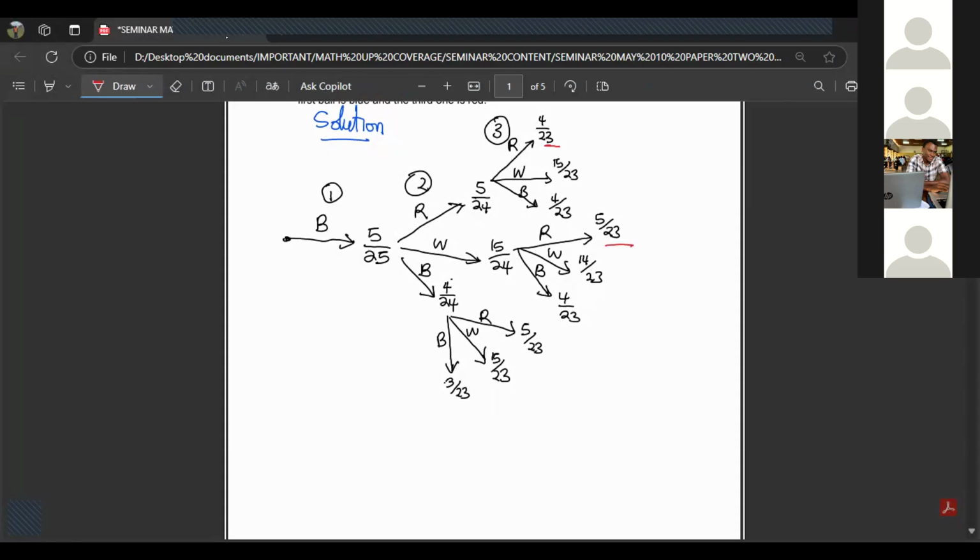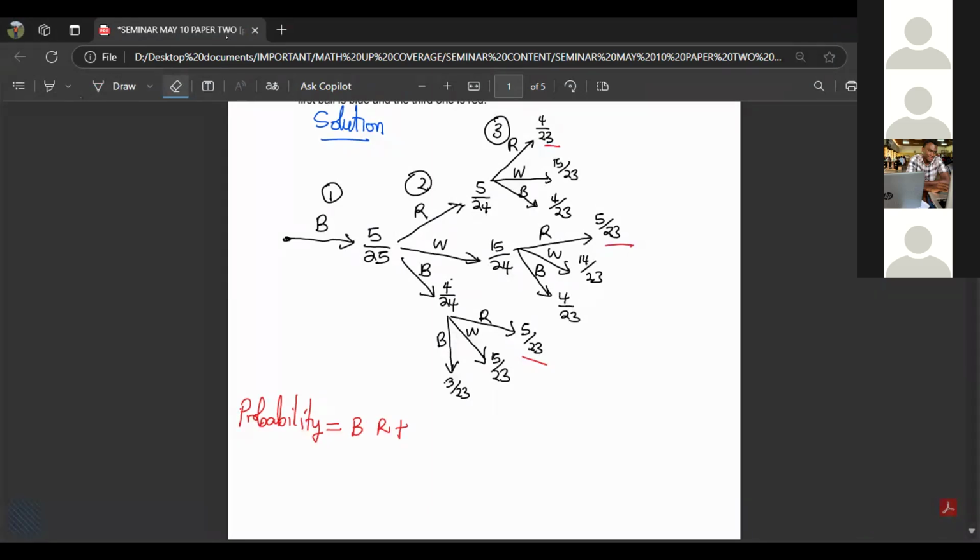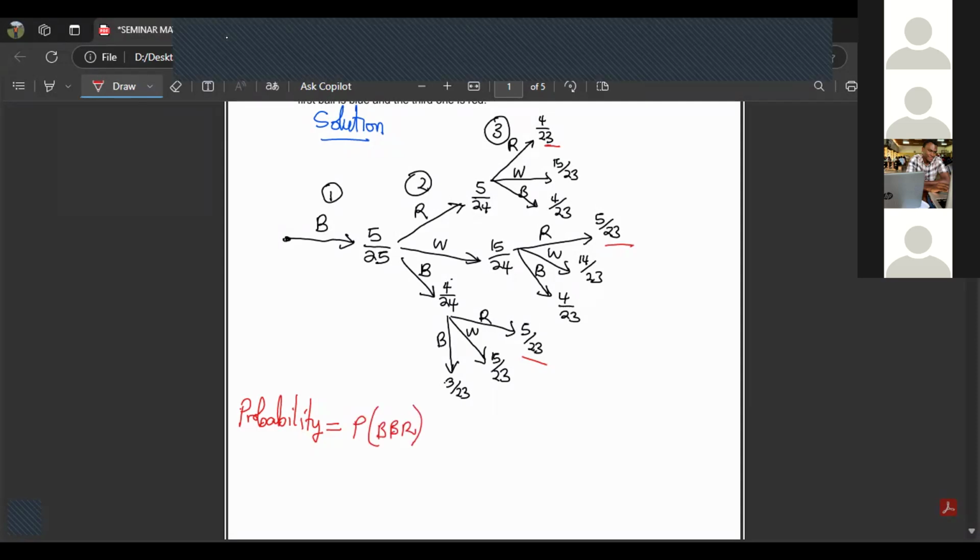That means the probability could be blue, blue, red, or we could have blue, white, red, or we could have blue, red, and red.